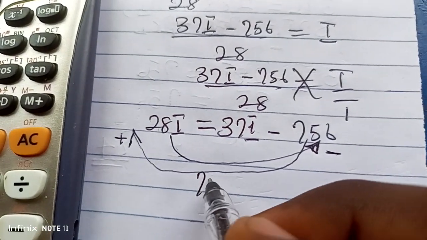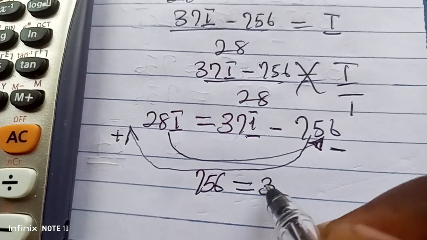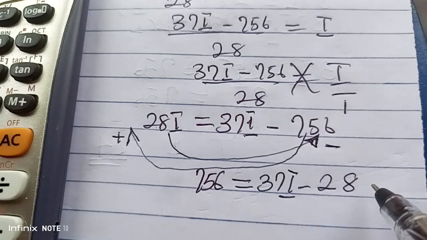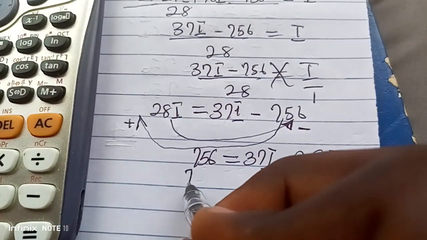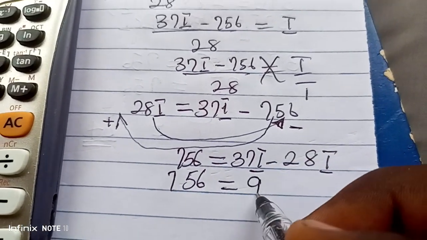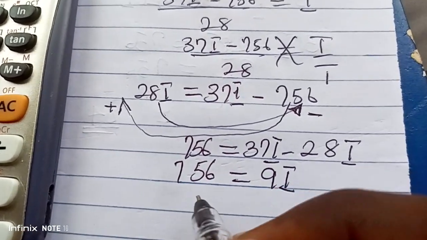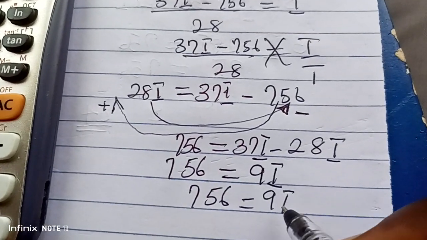So we have 756 is equals to 37I minus 28I. And that gives you what? That gives you 9I. So we have 756 is equals to 9I.